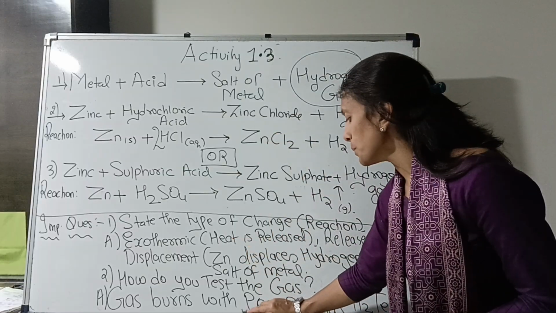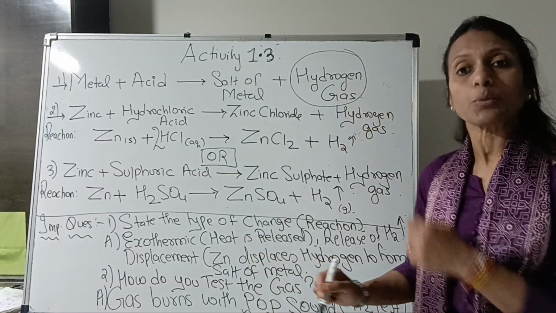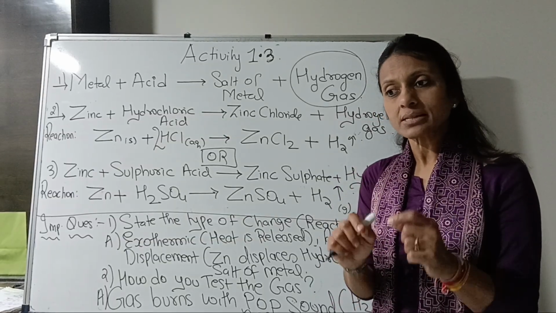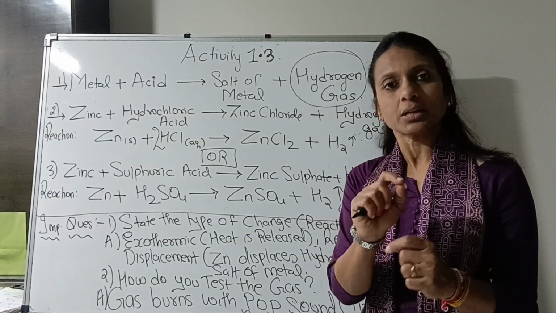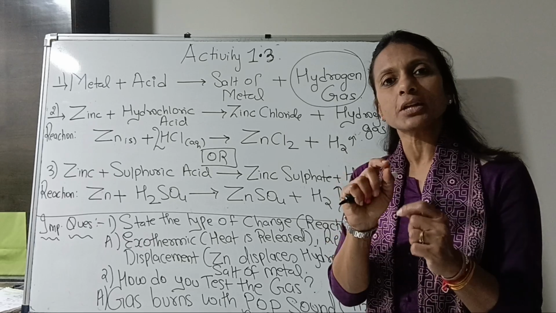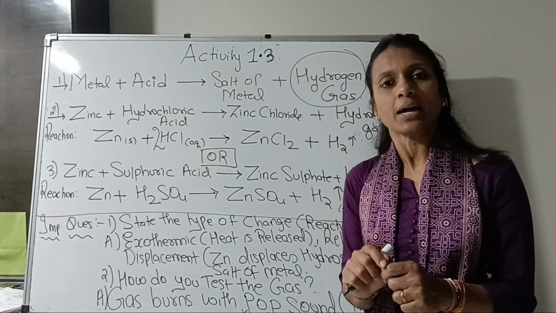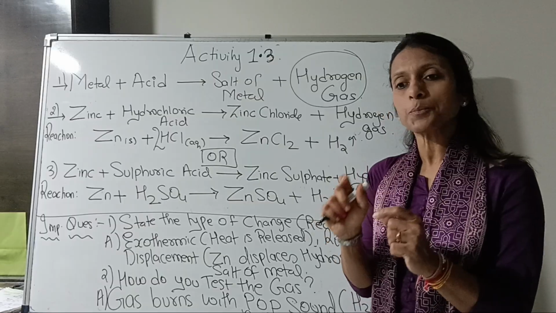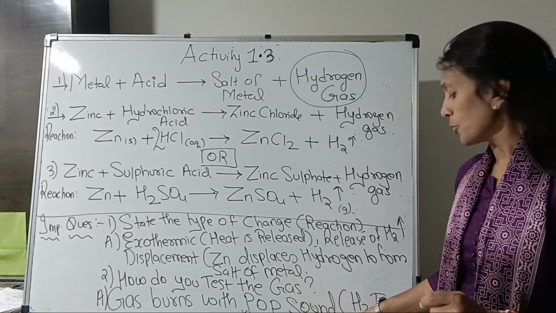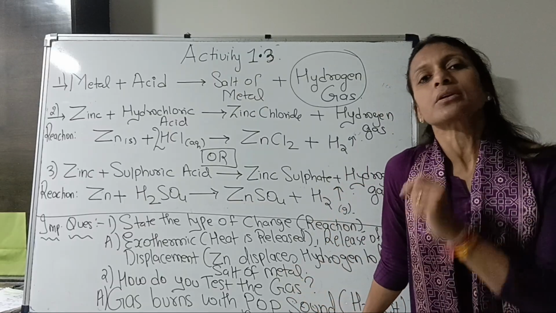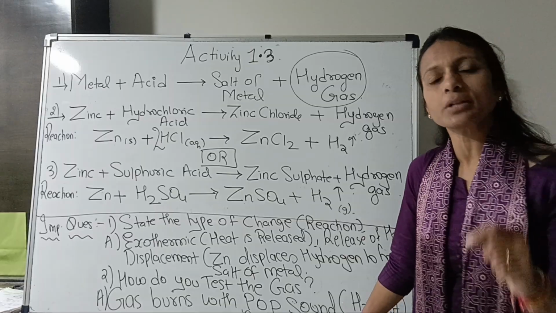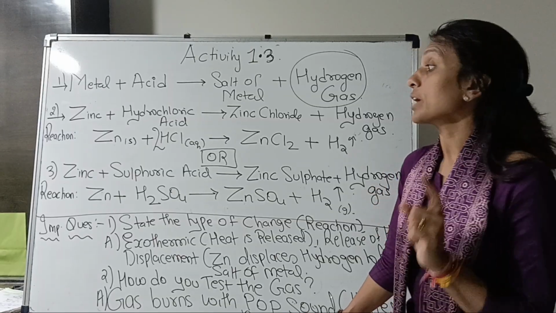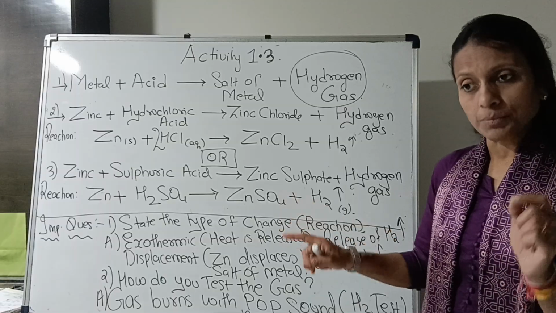If the gas burns with a pop sound, very important children, I repeat, hydrogen gas's characteristic quality is, if you bring a burning splinter near hydrogen gas, it burns with a pop sound. And this pop sound is a surety that the gas released during this reaction is hydrogen.